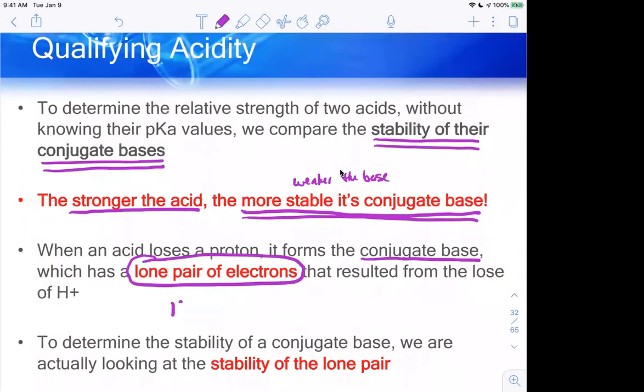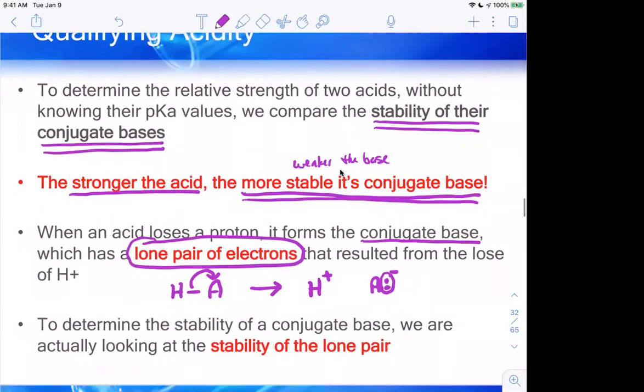So remember, if this is my acid, when I form H+, these electrons go onto A and make an A minus. So this is that lone pair of electrons that results from the loss of that H+.